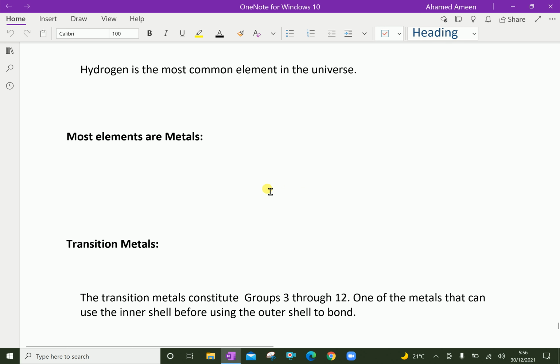Most elements are metals. The figure shows that the majority of elements, including many main group ones, are metals. But what exactly is a metal? For example, a diamond usually has a brilliant luster. However, diamond is a mineral made entirely of the non-metal element carbon.